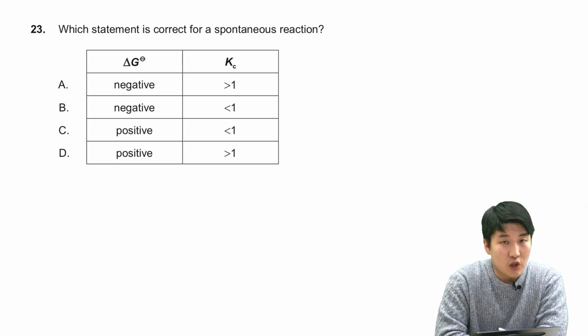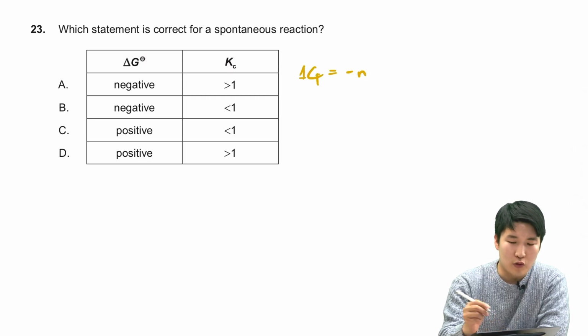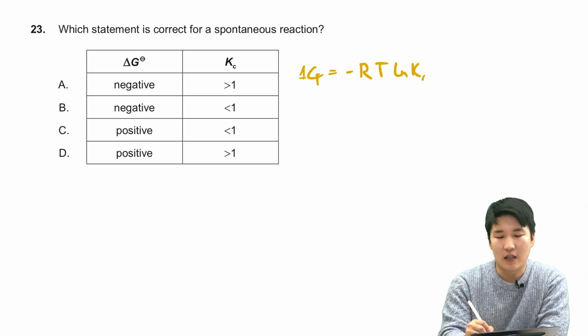Spontaneity, delta G. We need to use an equation that connects delta G with Kc value, and that is delta G equals minus R, gas constant, T, temperature, ln Kc.